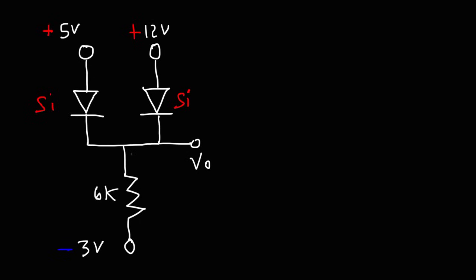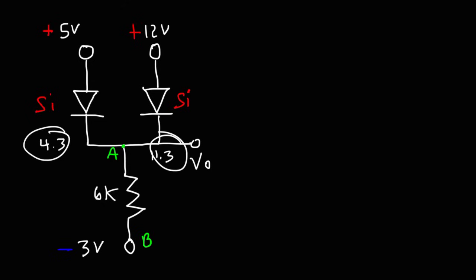Now let's call this point A, point B. At point A, due to this silicon diode, the potential should be 4.3. And at point A, due to this silicon diode and the 12 volt potential, it should be 12 minus 0.7, or 11.3. Now, we can't have two different values.